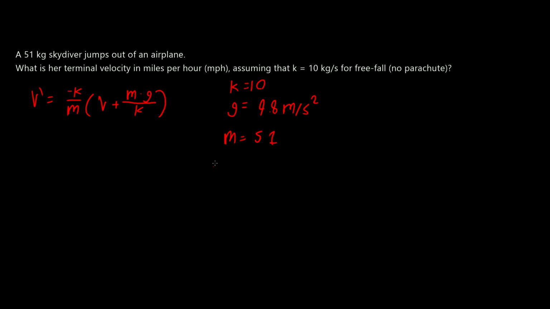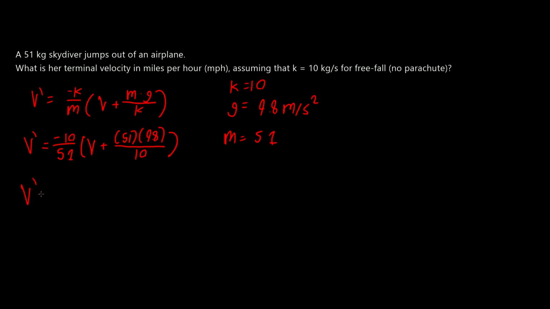Now, what you want to do next is plug in what you know. So we still don't know what v prime is, and then we know k. So this is going to be negative 10 divided by m, which is the mass, which is 51. That'll be multiplied by v, and then plus m, the mass of 51, multiplied by 9.8, and this will all be divided by 10, the constant.